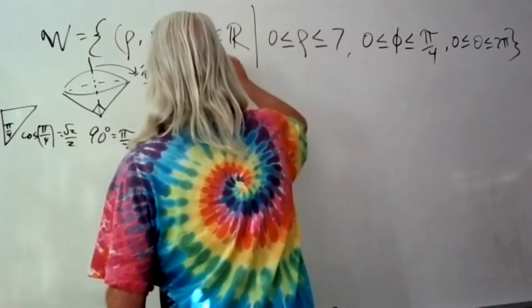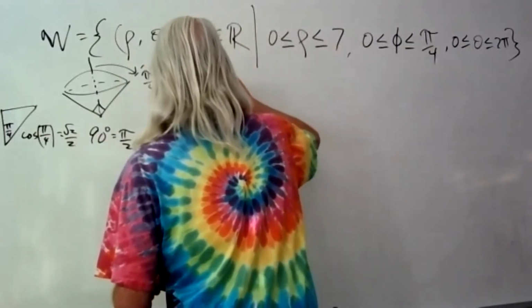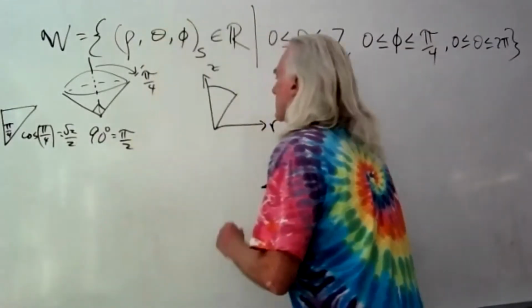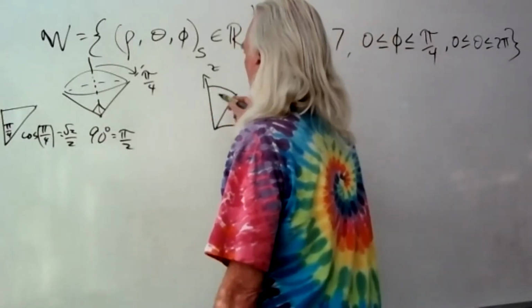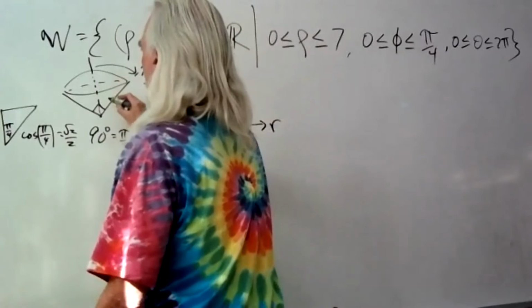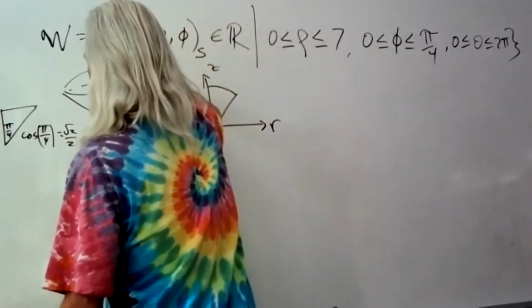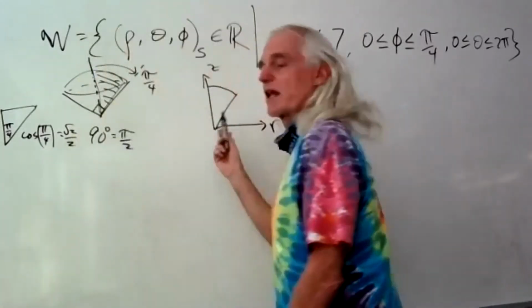R and Z, the picture looks like this, right? Because if I take this thing and spin it around, I get that cone. So what I'm doing is drawing a picture of this part of the cone that I spin around.